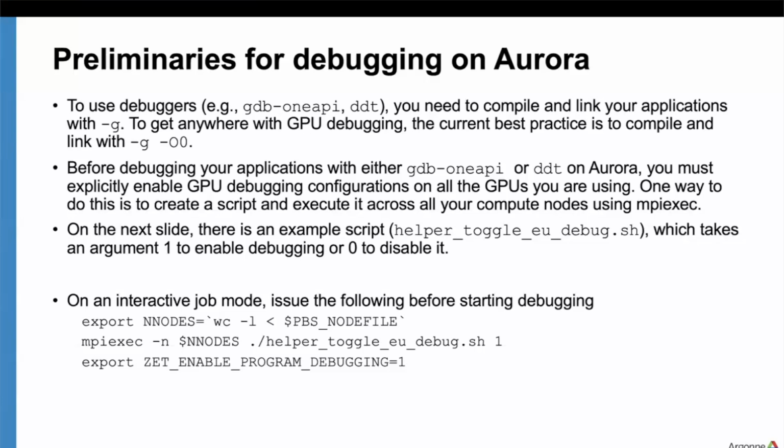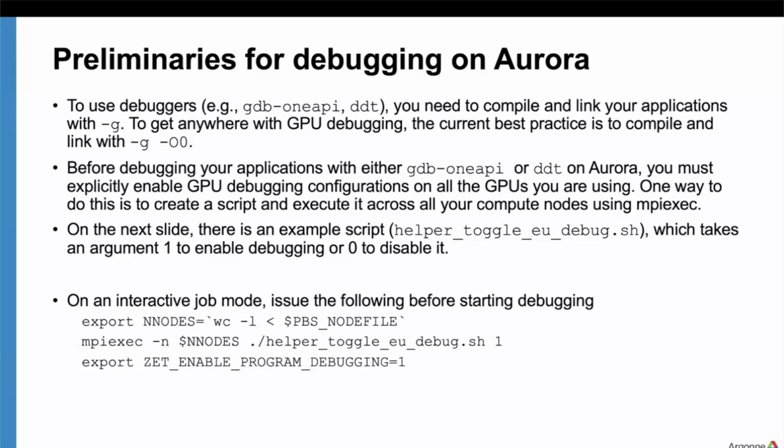And another step required is before debugging your application with GDB OneAPI and DDT on an Aurora compute node, you have to explicitly enable the GPU debugging configuration on all GPUs you are using. We want to minimize any performance interruption by the debugging configuration, so by default, we disable this GPU debugging mode. In order to debug your code, you have to enable that.